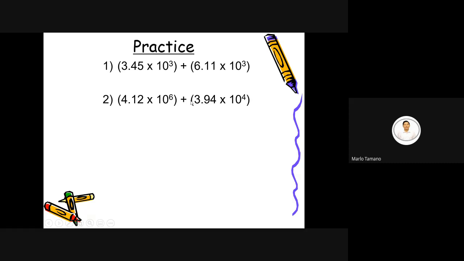So, 0.0394 plus 4.12. 4.0806... times 10 to the 6th power.